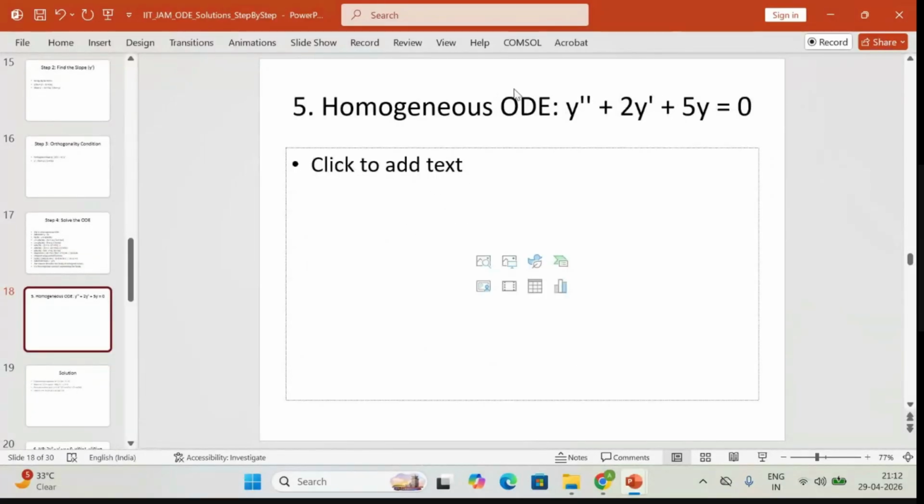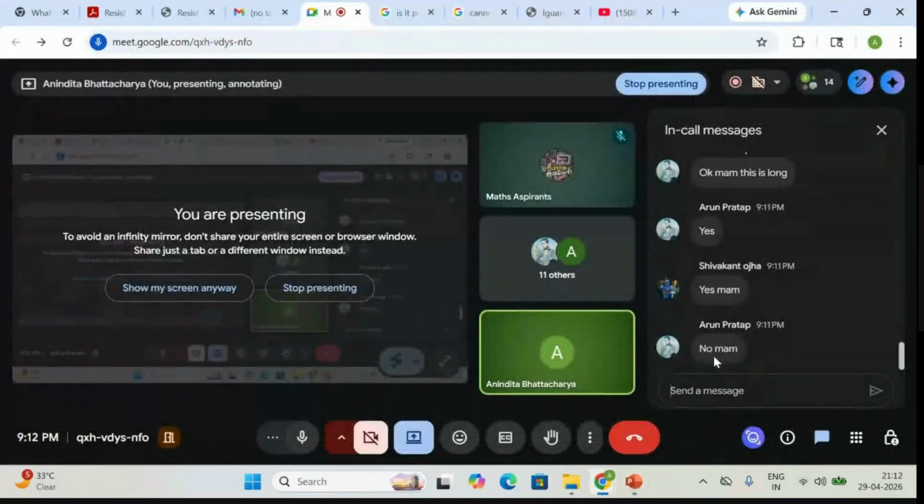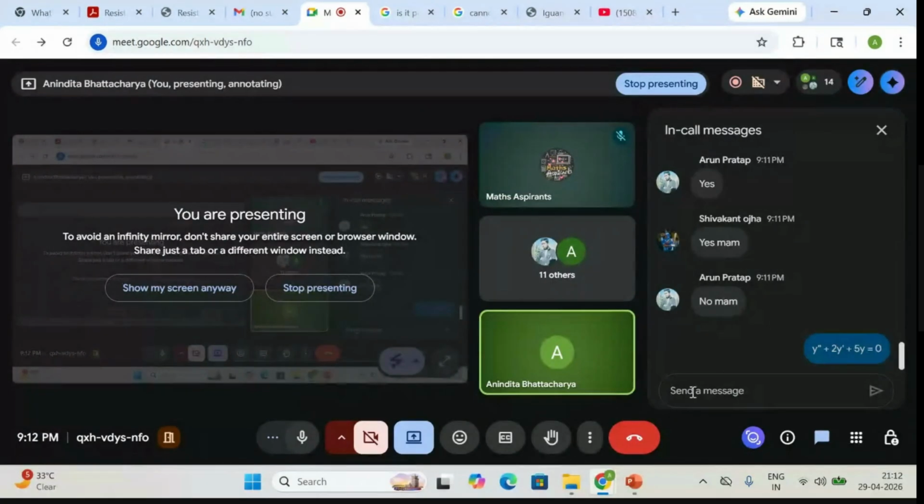Next one, solve this homogeneous ODE: y double prime plus 2y prime plus 5y equals 0. This is a second order ODE. Try to solve this.